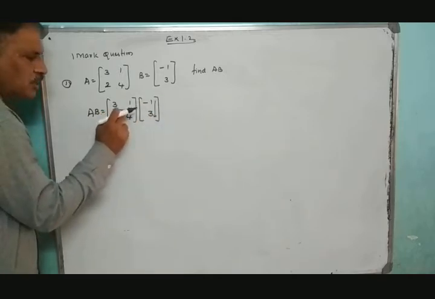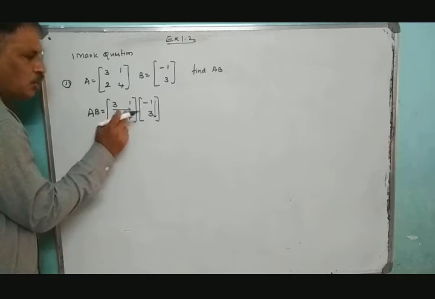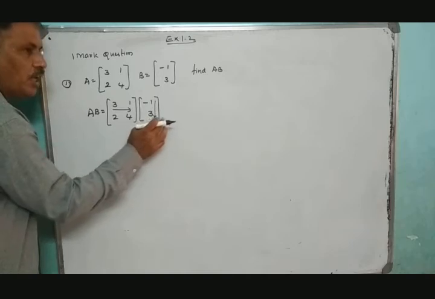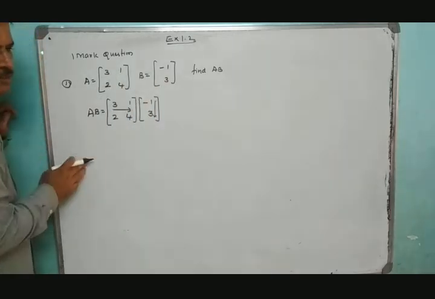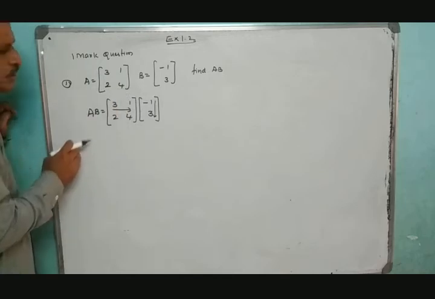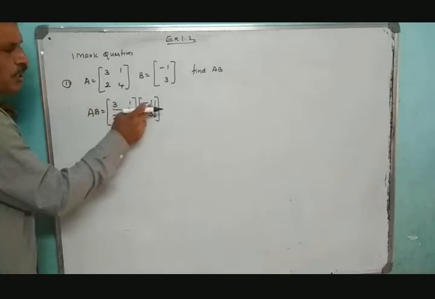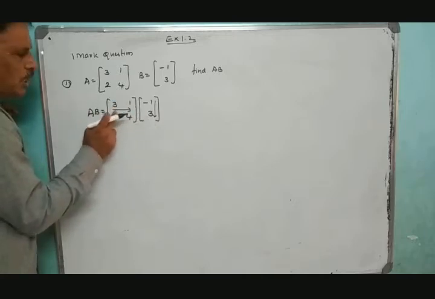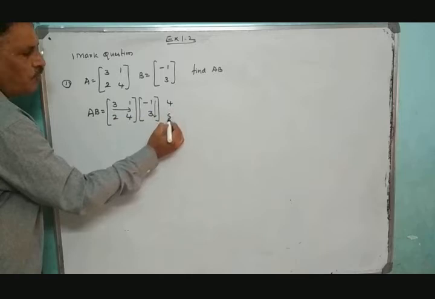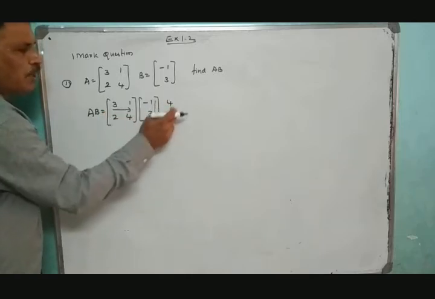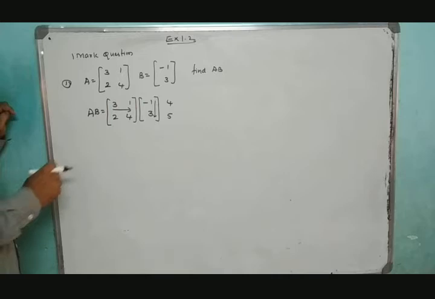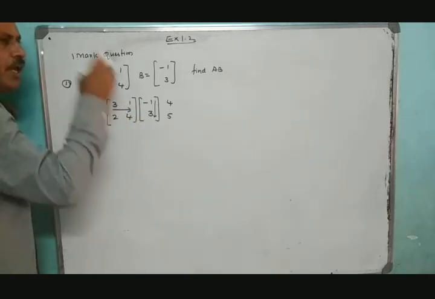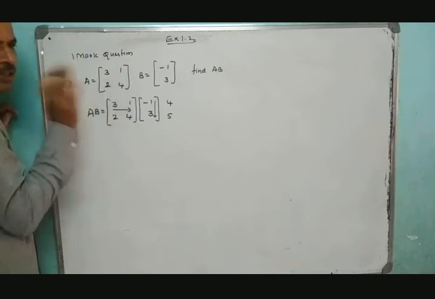That means the first row of the first matrix should be multiplied with each column of the second matrix by the corresponding elements. For 3, the corresponding element is -1; for 1, it is 3. If there is another row, for example 4 and 5, again 3 1 should be multiplied with 4 and 5. Every row of the first matrix should be multiplied with each and every column of the second matrix. Keep that in mind.